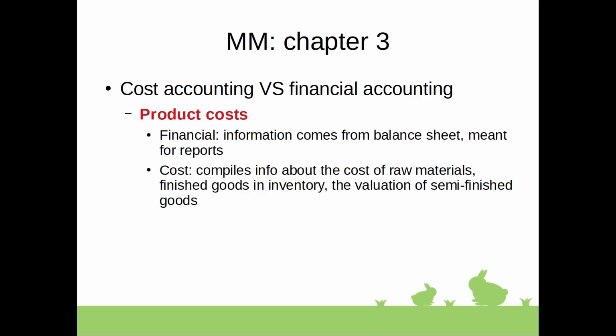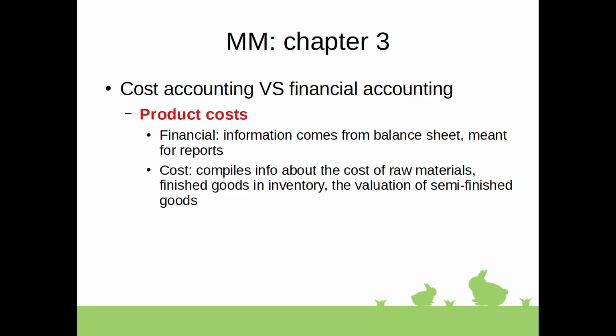Then we have the product costs. In financial accounting, we will use all this information to put it on the balance sheet, meant for reports to the outside world once again. But cost accounting will dive in very deep regarding the product costs, and they will compile information about the costs of raw materials, secondary materials, finished goods in the inventory, the valuation of semi-finished products.